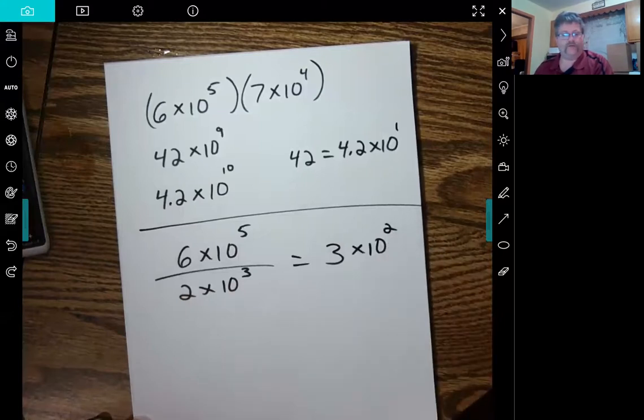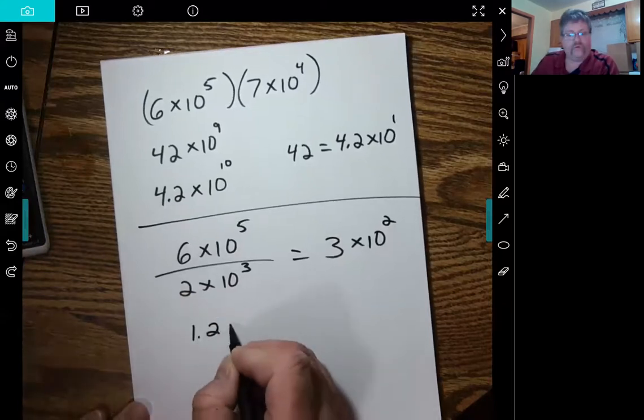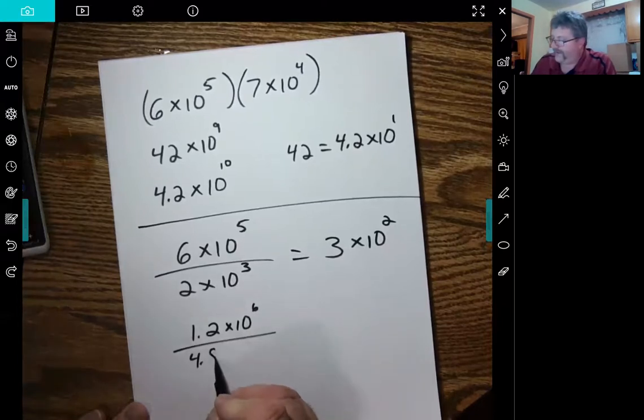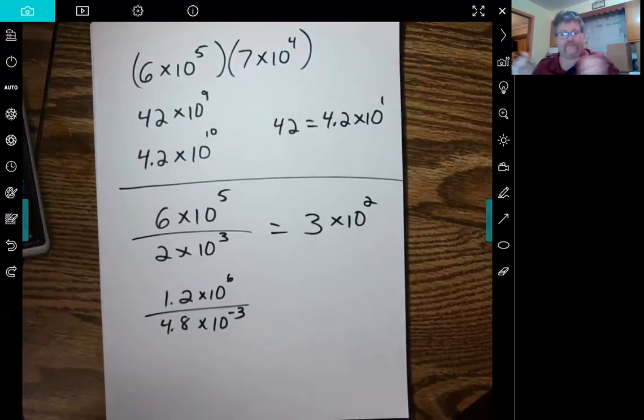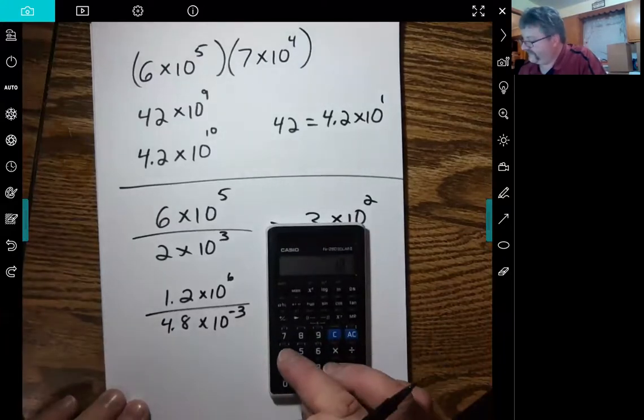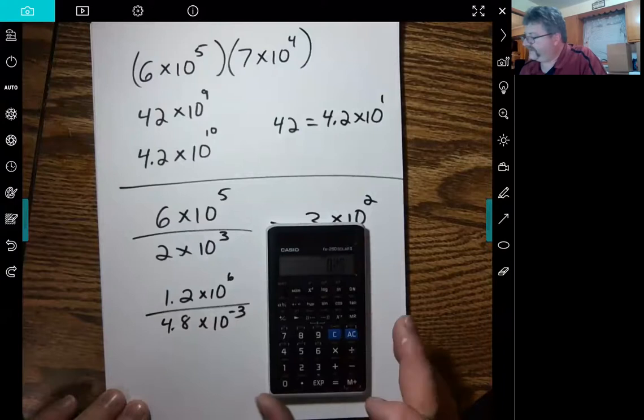Okay, all good there. How about 1.2 times 10 to the 6th over 4.8 times 10 to the -3rd. Now we got all kinds of little things in here. First of all, 1.2 divided by 4.8 is going to be a number smaller than 1. We'll have to deal with that in a second.